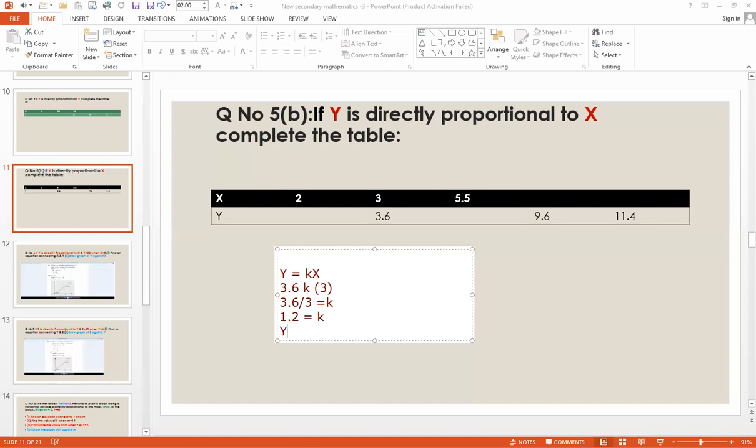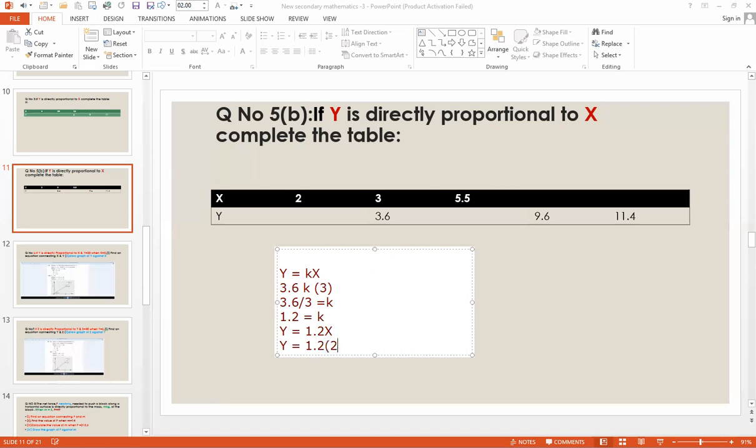So for completing the table, first we have to connect these two variables x and y with the value of k, and that is 1.2. Okay. So y is equal to 1.2x. In the first place, the value of x is given, that is 2. So instead of writing x, you have to write its value, that is 2.